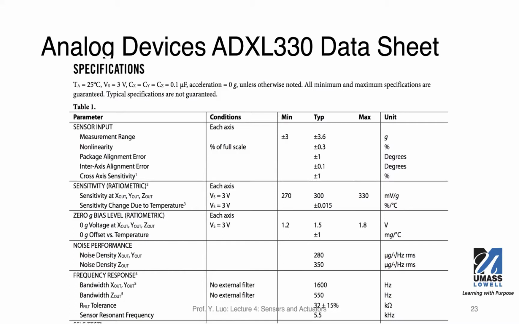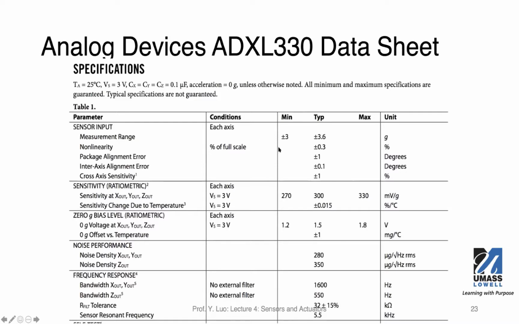This is an accelerometer from Analog Devices, and this is a capture of the data sheet. You can see the parameters listed here, including the measurement range of this sensor. This is a 3-axis accelerometer.